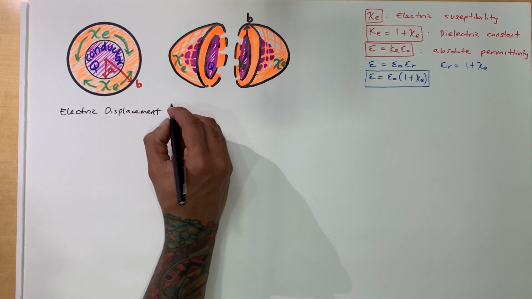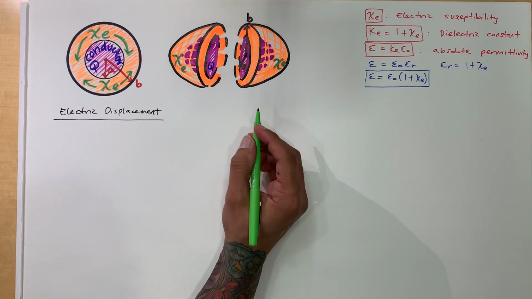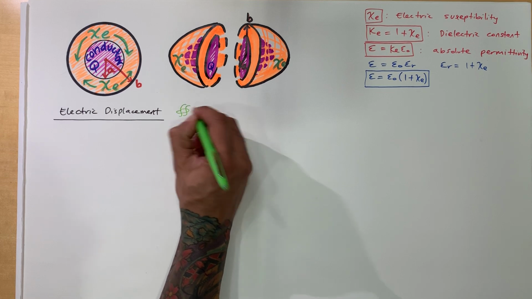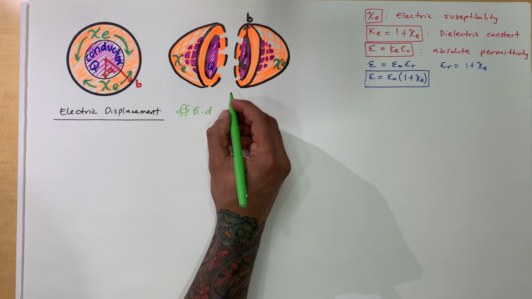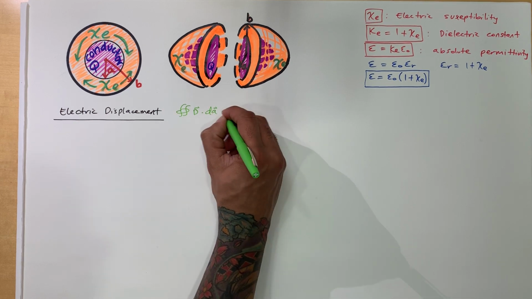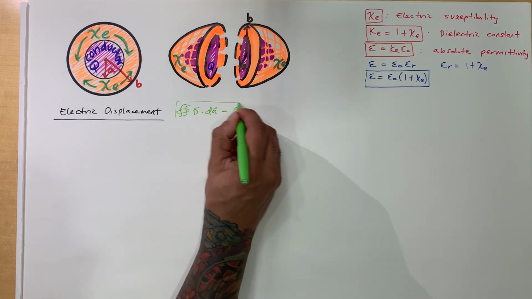Displacement. For that we're going to be using what we've been using, which is Gauss's law. So D dotted with differential area equals Q free enclosed.